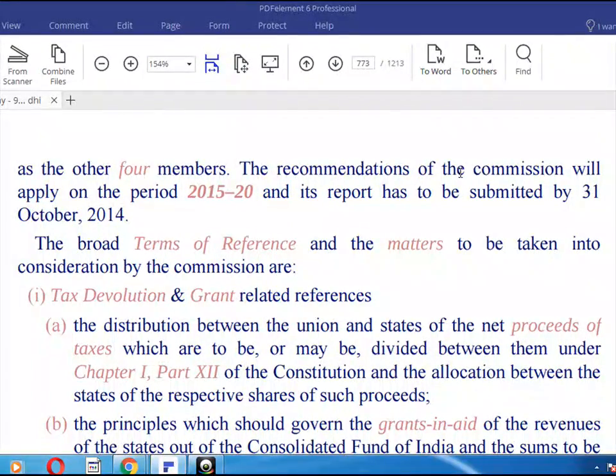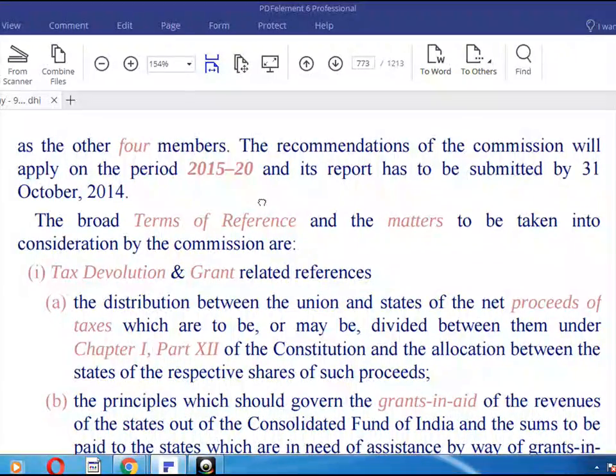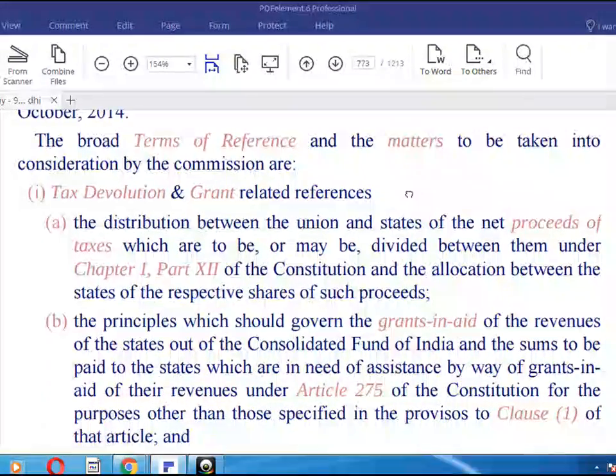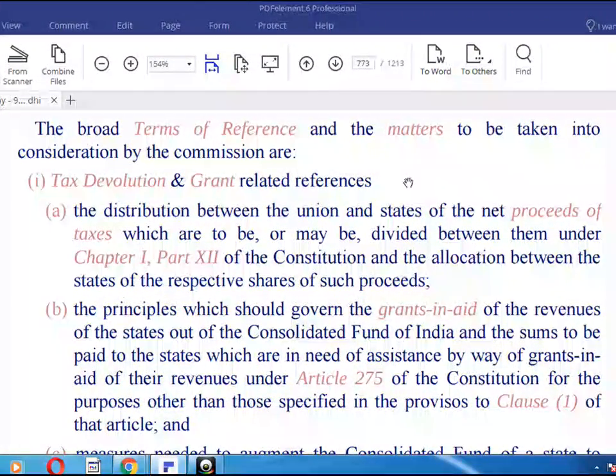The recommendation of the Commission will apply on the period 2015 to 2020, and its report has to be submitted by 31st October 2014.